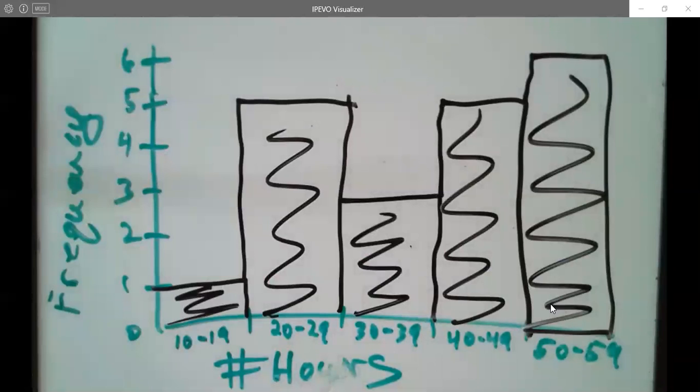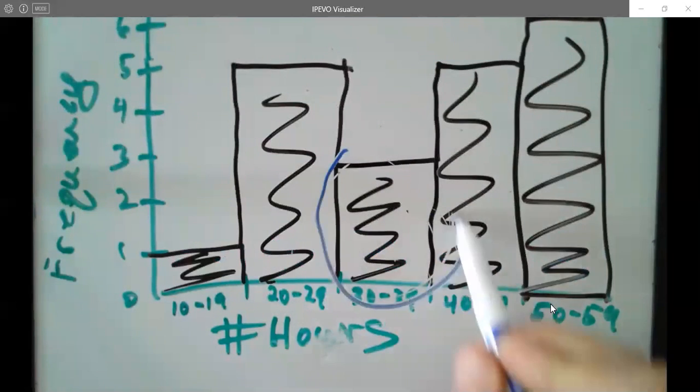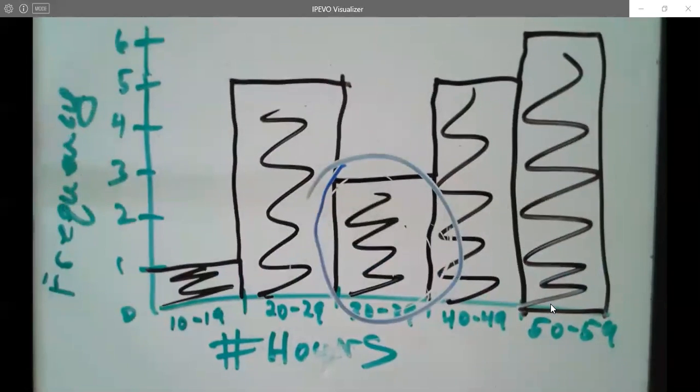What's interesting is this goes up to 20 to 29, then it drops at 30 to 39, and then it goes back up. Anybody studying this graph would look at this and think, well, I wonder why this happened. Why did that dip? Was there a problem during that period? So you can look at data and see and get some insight.